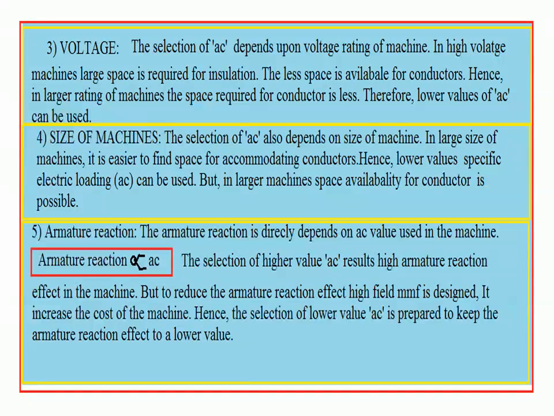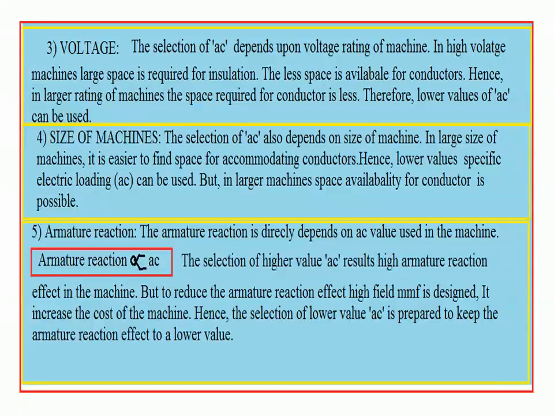Armature reaction is also directly related. Higher values of AC give higher armature reaction effects. Hence, we have to select such a value of AC which provides a lower value of armature reaction, so it is best to go for lower values of AC.